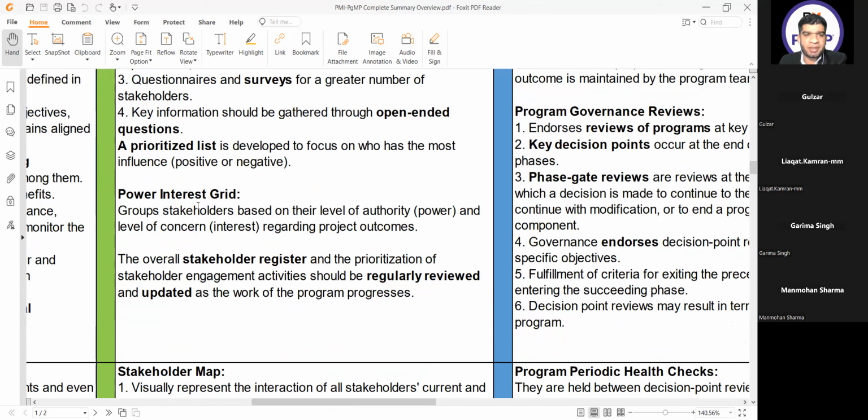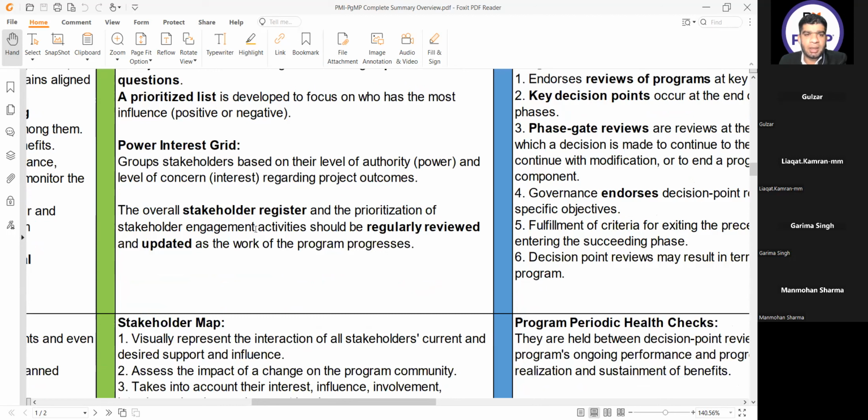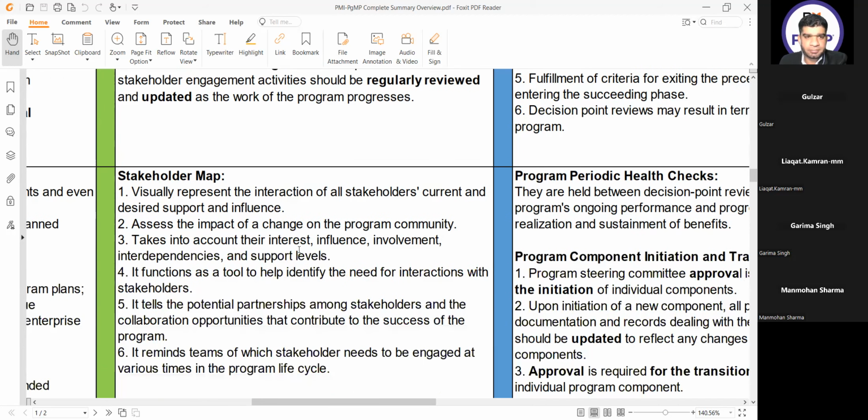Then we have the power interest grid, which groups stakeholders based on their level of authority, power, and level of concern or interest regarding project outcomes. So it's a two-dimensional grid. The overall stakeholder register and the prioritization of stakeholder engagement activities should be regularly reviewed and updated as the work of the program progresses.